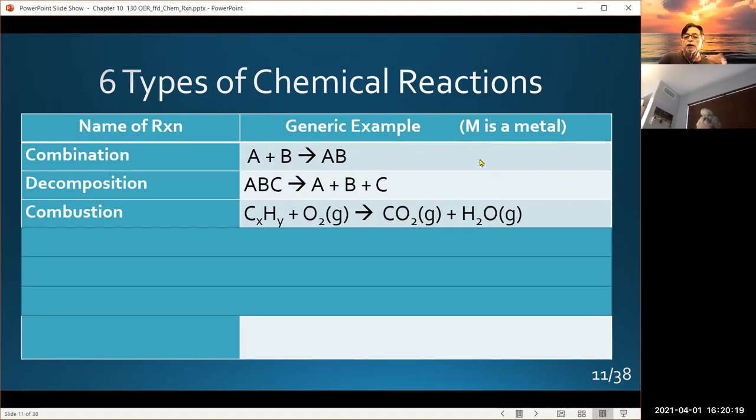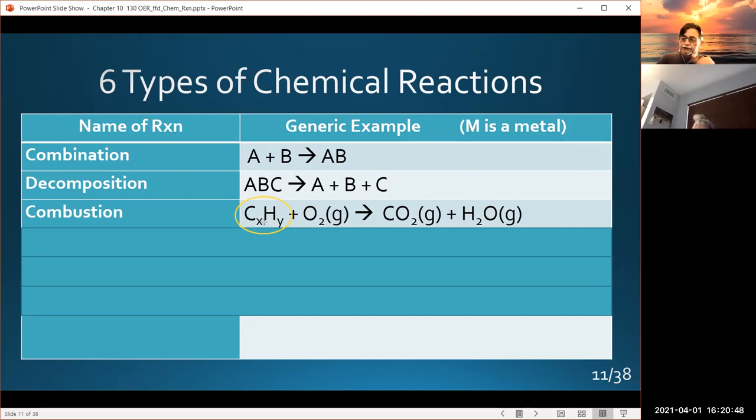Now, with respect to combustion, the key points to remember about combustion reaction. Point number 1. When we talk about combustion reactions here at Chem 130, we're going to deal only with hydrocarbons. Those are compounds that consist of nothing but carbon and hydrogen, hence the term hydrocarbons. X represents a subscript number, obviously, and Y also.